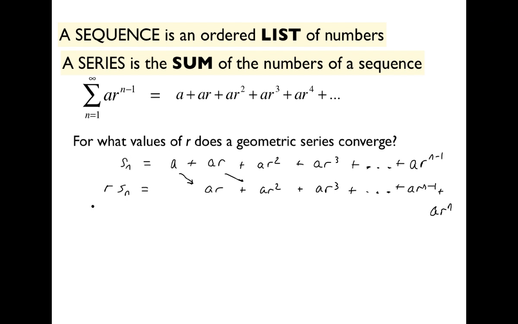And what we're going to do is subtract, and lots of things are going to go away. I lined them up so we could see that when we subtract, all those terms in the middle are going to be 0.